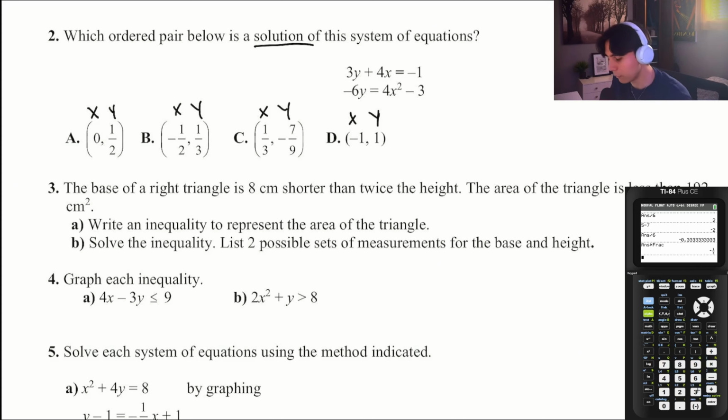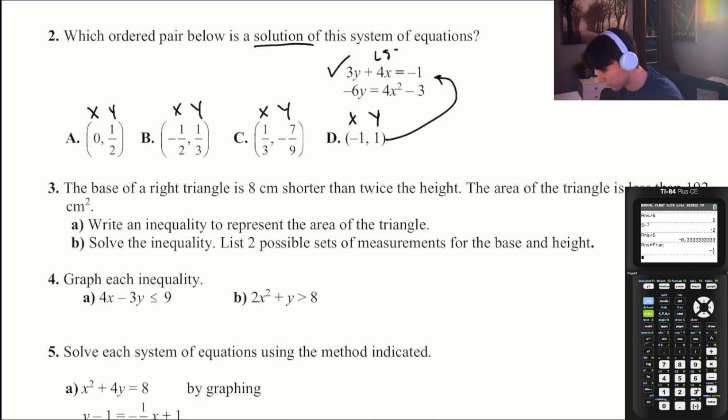If we're plugging this point in here, it needs to be correct. Left side has to equal right side on both equations. When you're plugging in a point, the left side has to equal the right side of the equation, and if it doesn't, then your solution is going to be incorrect.